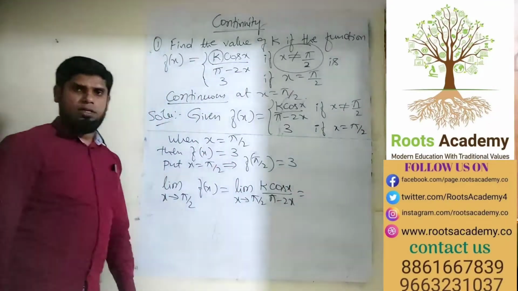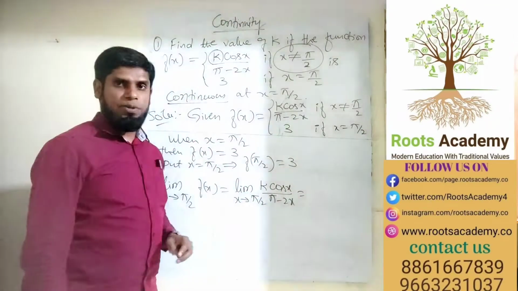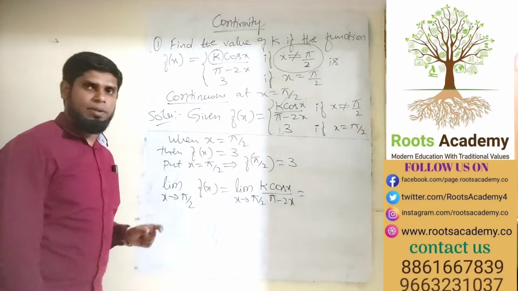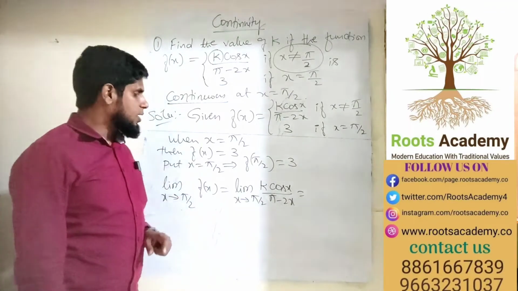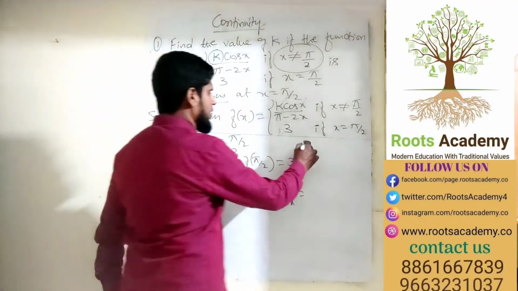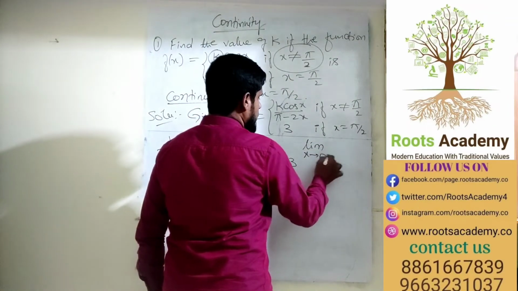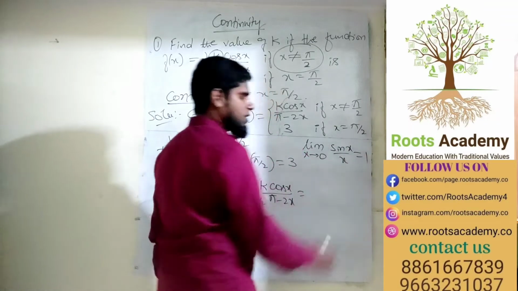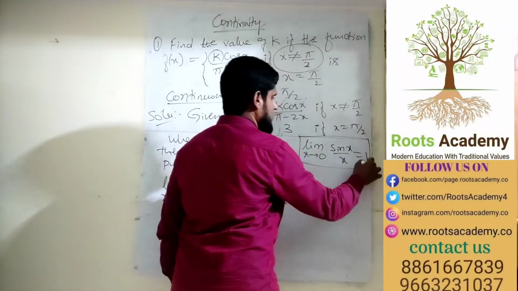Now students, we know that in first PUC we studied the sandwich theorem. It is related to limits and trigonometric functions. The sandwich theorem declares that limit x tends to 0 of sin x by x is 1. This is the sandwich theorem we discussed in first PUC.